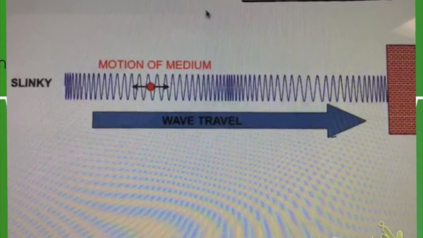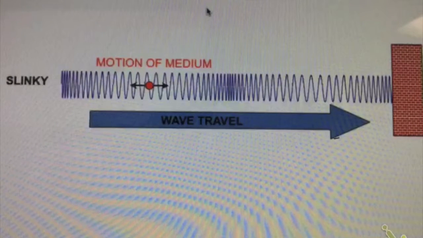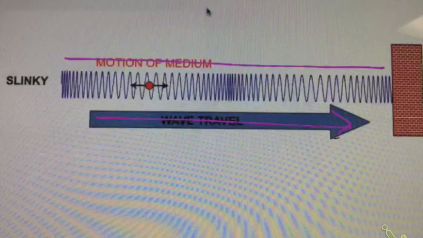it will give you much more confidence. In a longitudinal wave, the motion of the medium is parallel to the direction the wave travels. If your wave is traveling this way, notice the medium is traveling this way as well. So it's parallel. They're going the same direction. These longitudinal waves only apply to spring and coil compression, like slinkies.